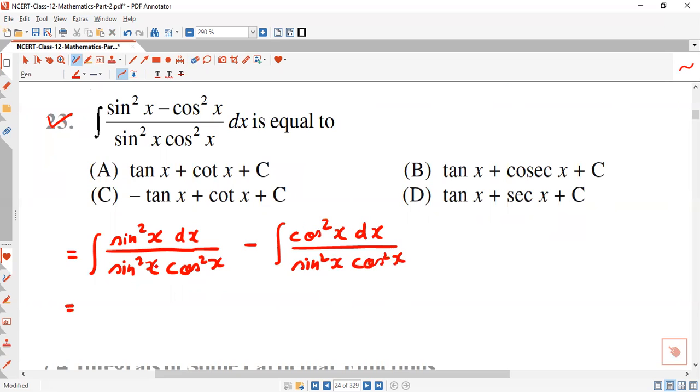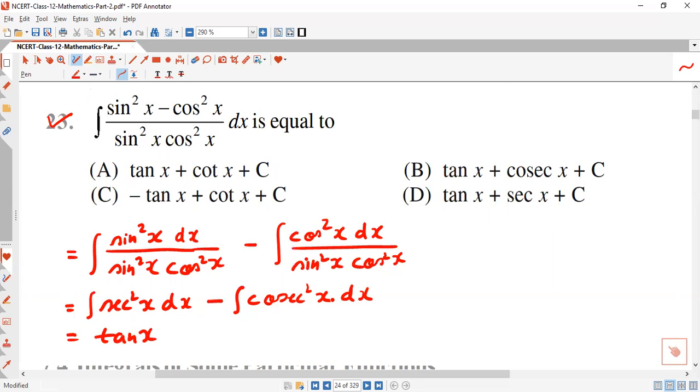See, sin square x cancels out. 1 upon cos square x becomes sec square x dx, minus this becomes cosec square x dx. And now we know the integration of sec square x is tan x, direct formula, and the integration of cosec square x is minus cot x, plus some constant c. So minus minus plus, you get tan x plus cot x plus c. So A is the right answer of this question.